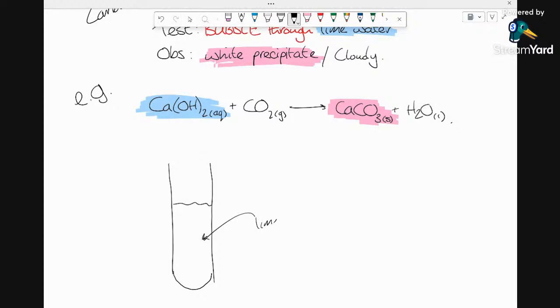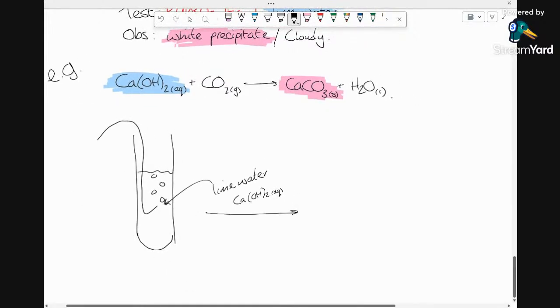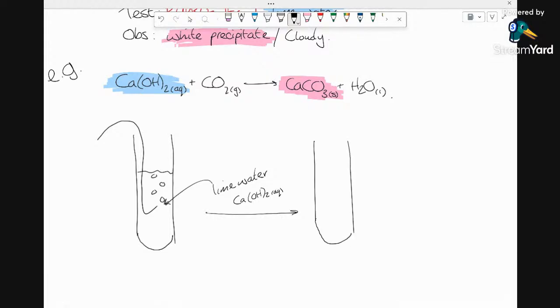If you took a boiling tube of lime water, calcium hydroxide, Ca(OH)2, aqueous, and you bubbled CO2 into it, the first immediate observation is that it turns cloudy. The whole thing will become really murky and cloudy with a white precipitate.